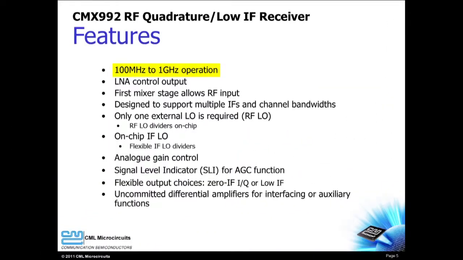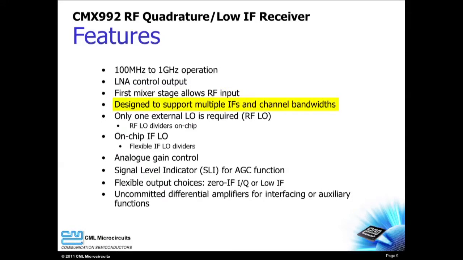The 100 MHz to 1 GHz frequency range means that the CMX992 can support a variety of RF designs. The LNA control output frees up an I/O pin on your microcontroller. Some receivers can only process an IF signal, but the CMX992 first stage mixer takes in an RF signal.